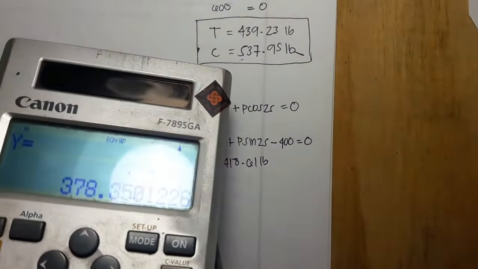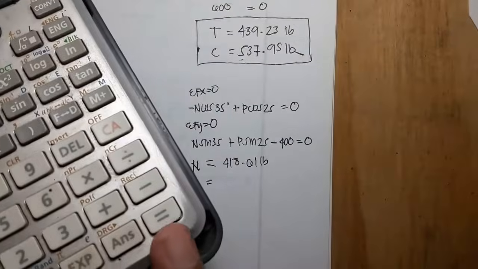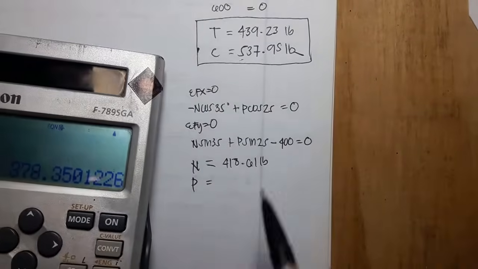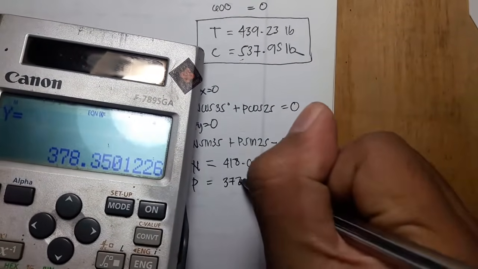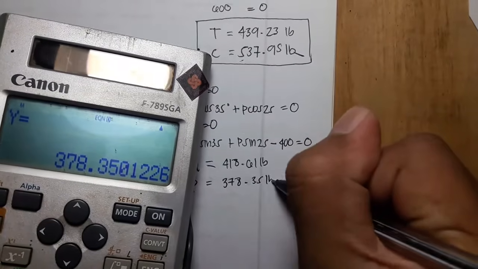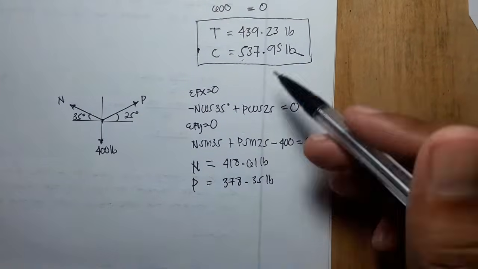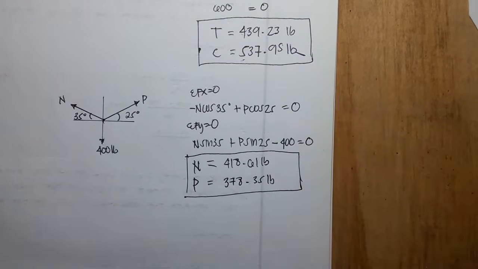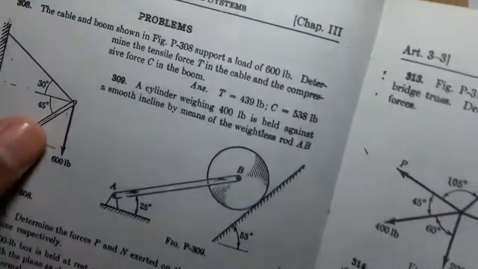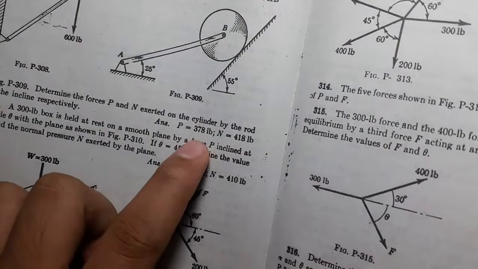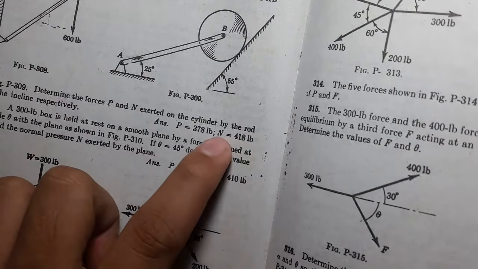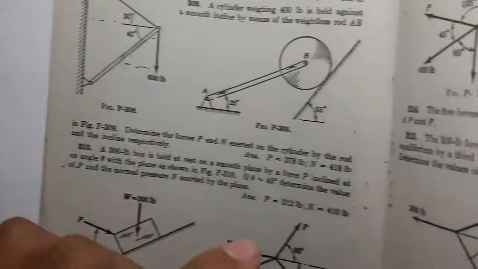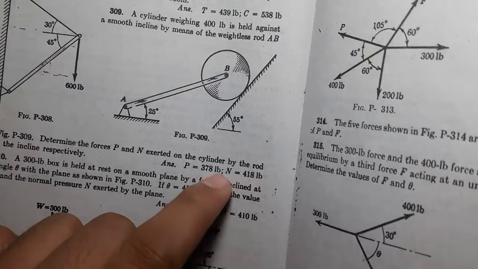Press the equal button and you will be directed to the answer for P, which is 378.35 pounds. So this is our answer. If we compare it with the book, the book has 378 and 418. So P is 378 and N is 418. So we got the same answer.